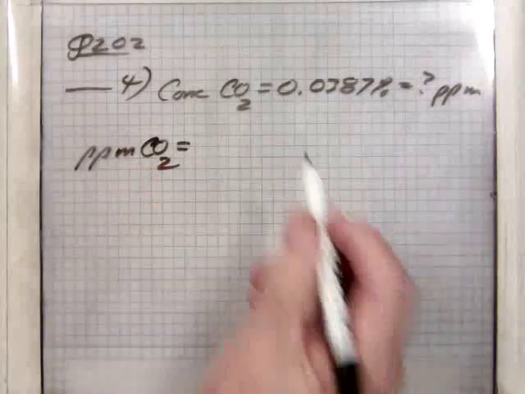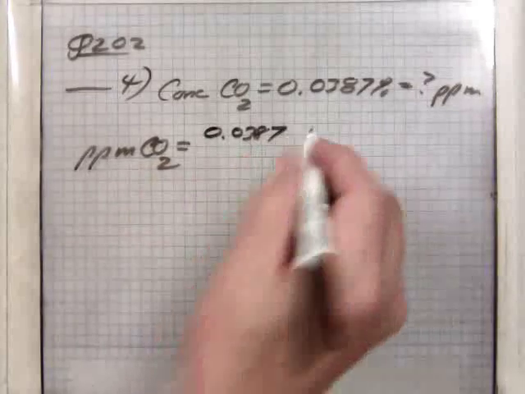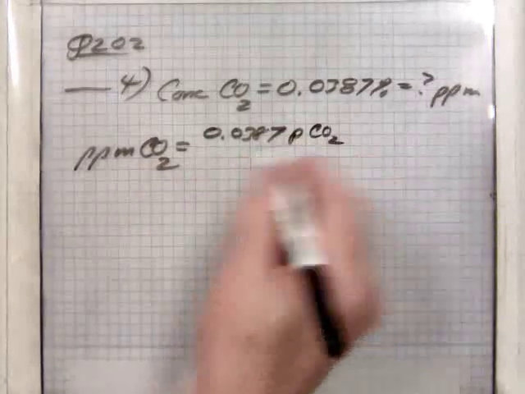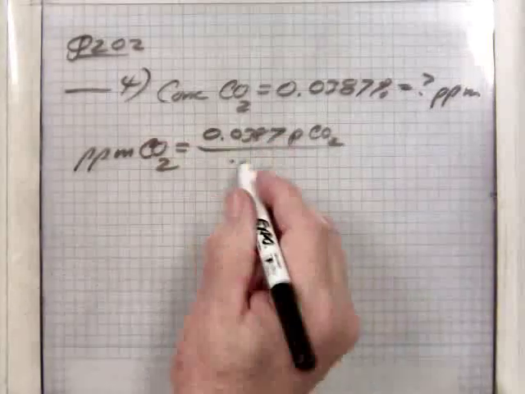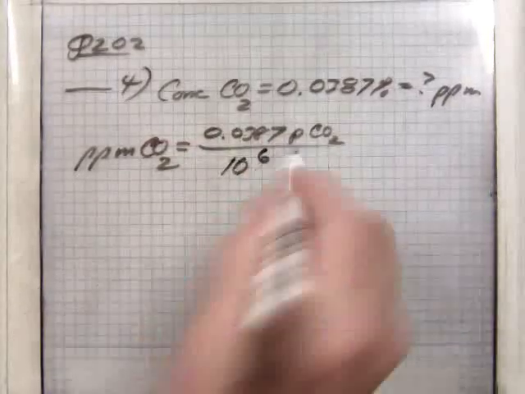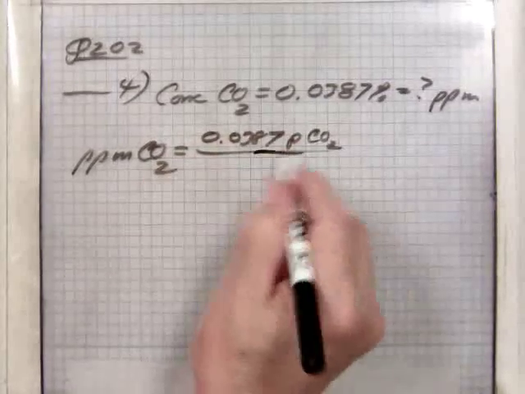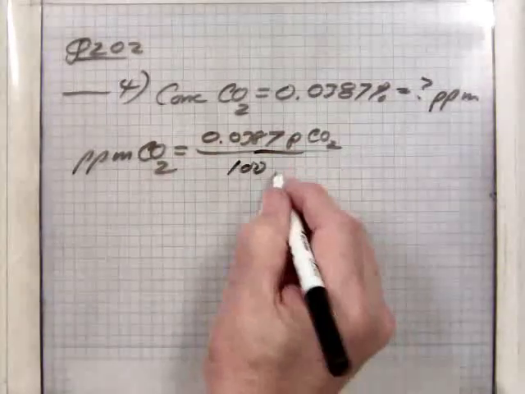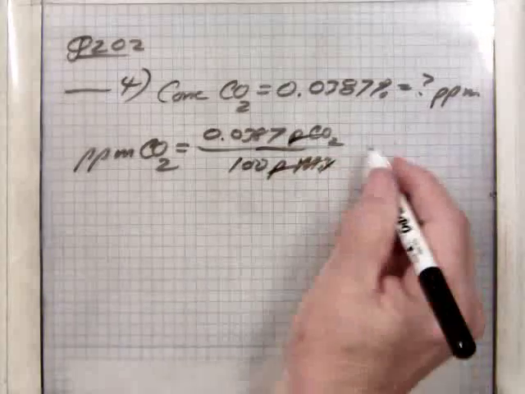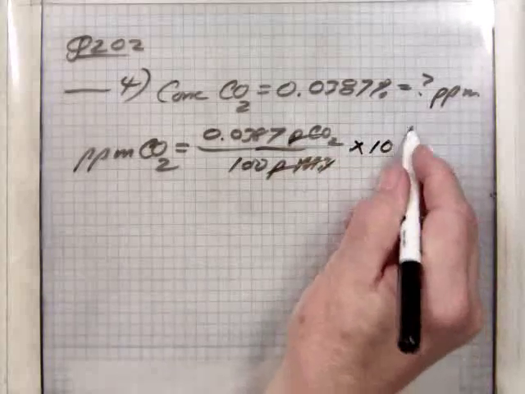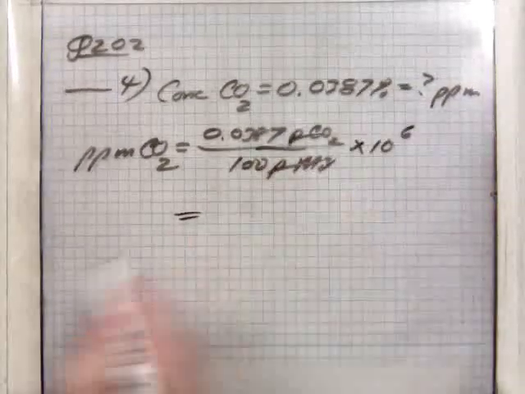CO2 is equal to 0.0387 parts CO2 over the 10 to the 6, no, you're given a percentage, I'm sorry, over 100 parts mix, or the atmospheric mix. So those will cancel out and multiply times 10 to the 6, and you'll have it in parts per million.